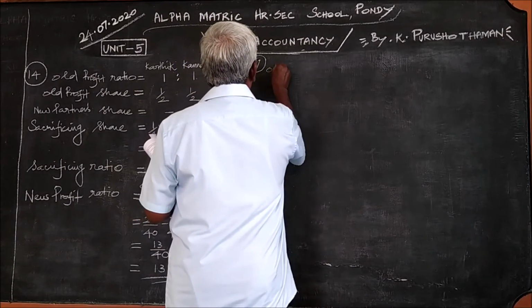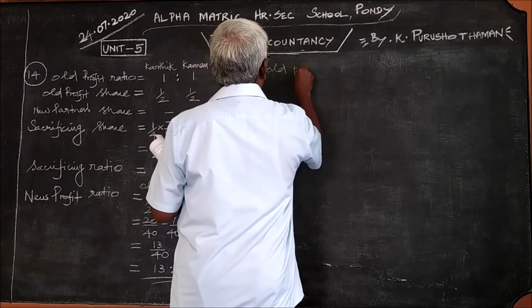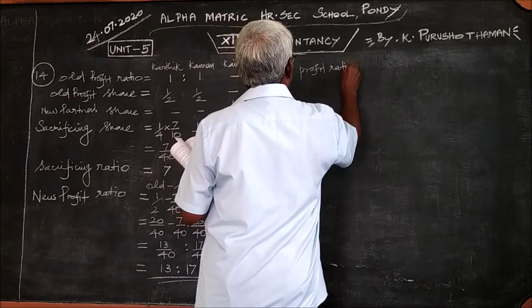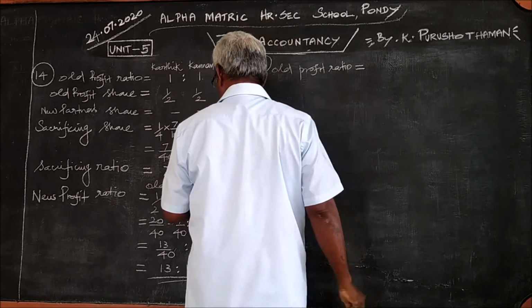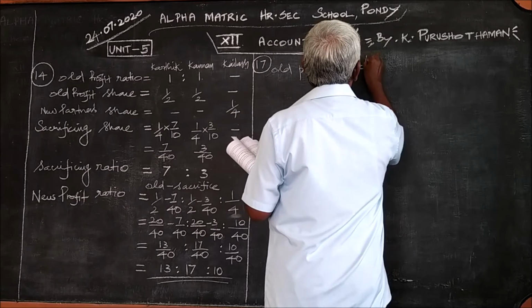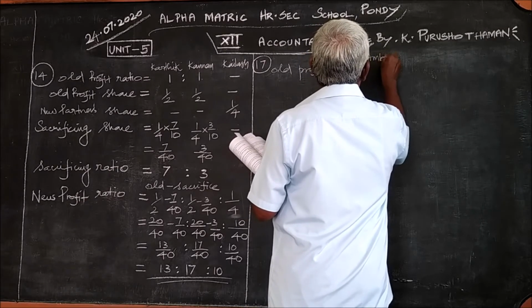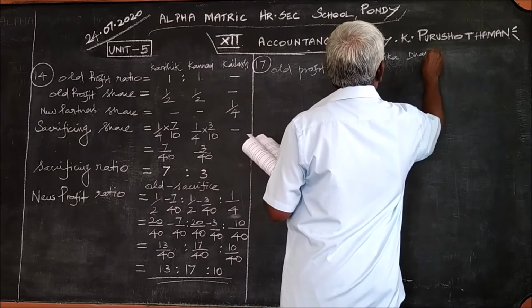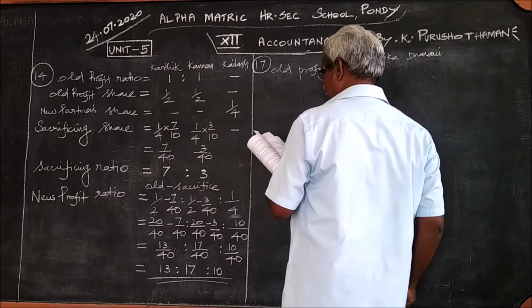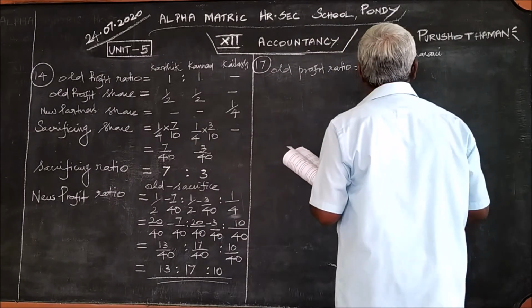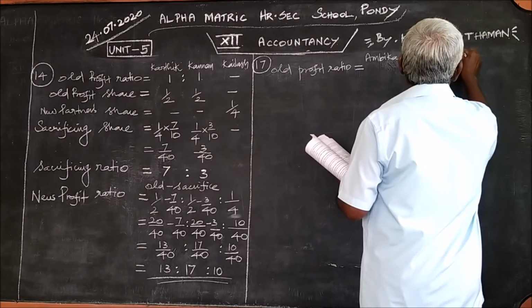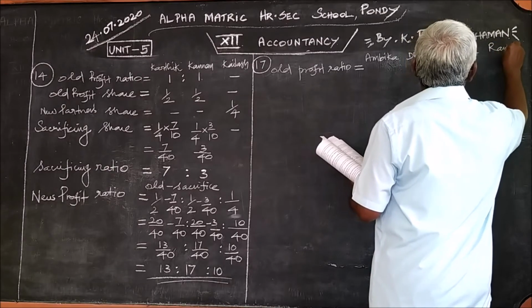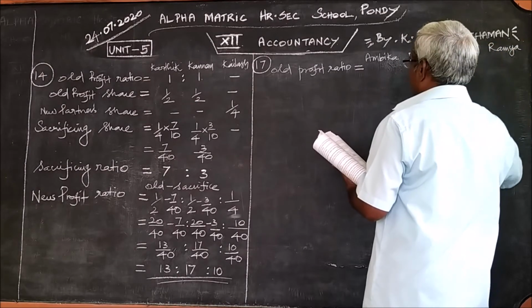So, old profit ratio is equal to Ambika, Dharani, Padma, and the 4th partner, the new partner, is Ramya.